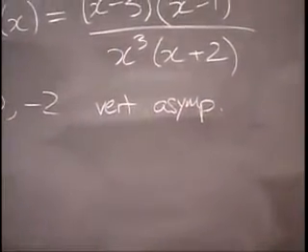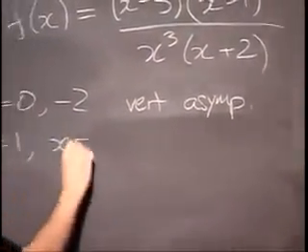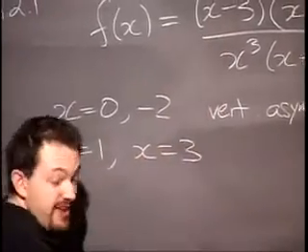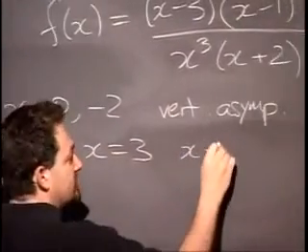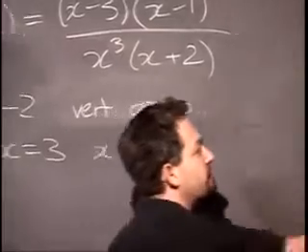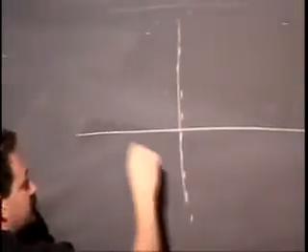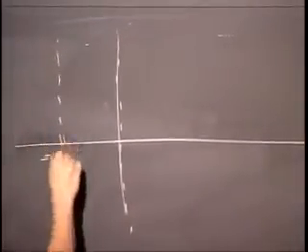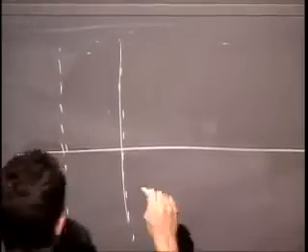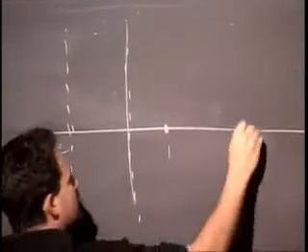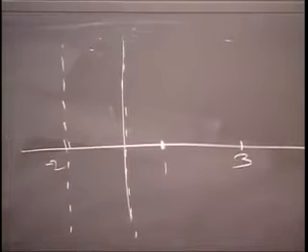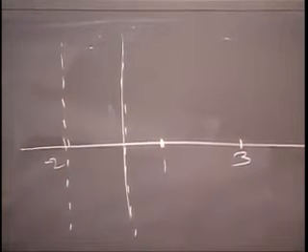On the other hand, at x equals 1 and x equals 3 the top vanishes, so there you're going to get x-intercepts. And on the graph, let's mark in the vertical asymptotes here, and then 1 and 3, we've got two x-intercepts.